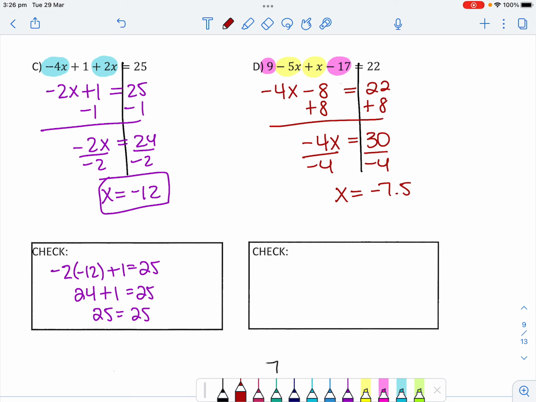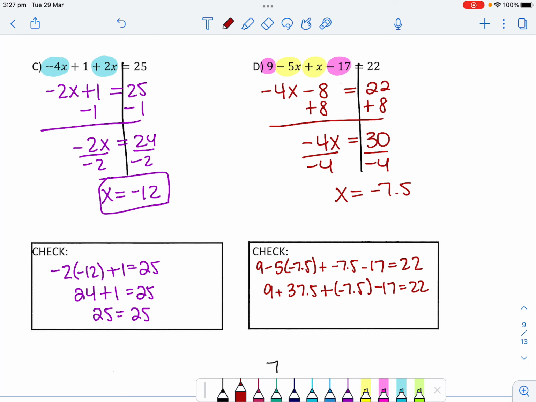And I'm going to plug into that original just to make sure that I've got things combined correctly. So 9 minus 5 times negative 7.5 plus negative 7.5 minus 17 equals 22. So this is going to be 9 plus 37.5 plus negative 7.5 minus 17 equals 22.